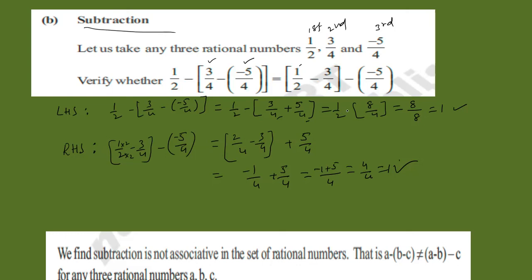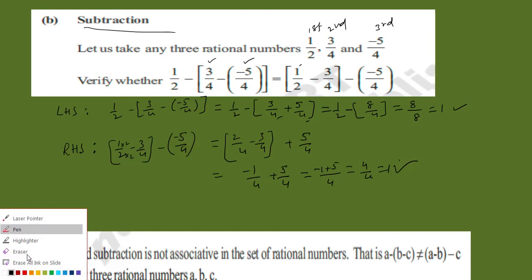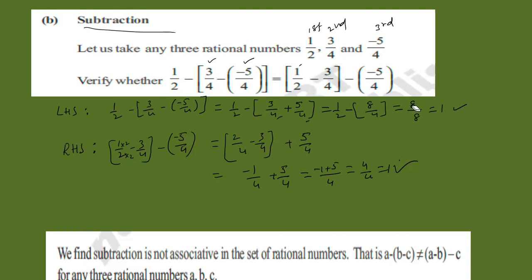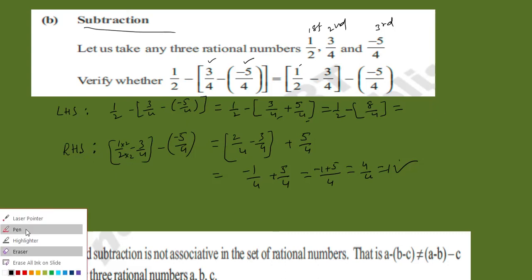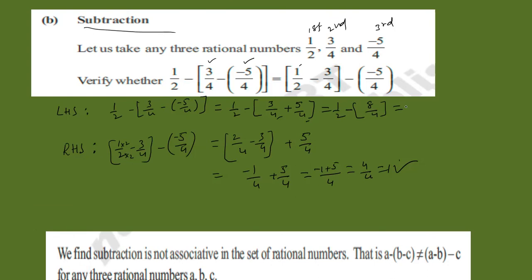Here the symbol is mistaken. 1 by 2 minus 8 by 4. That is 1 by 2 minus 8 by 4.